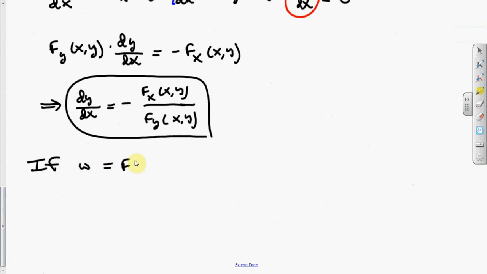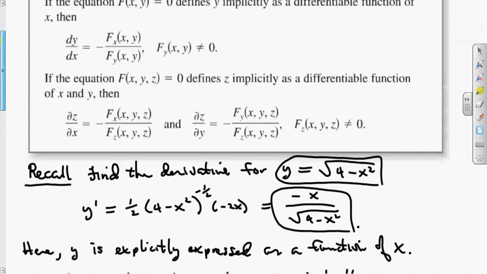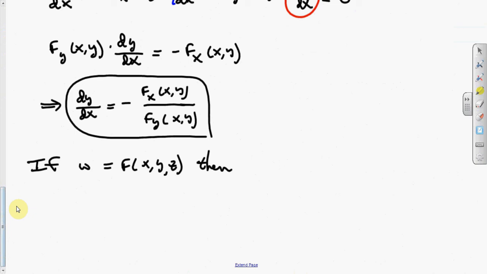If w equals f of x, y, z, then the partial of z with respect to x.